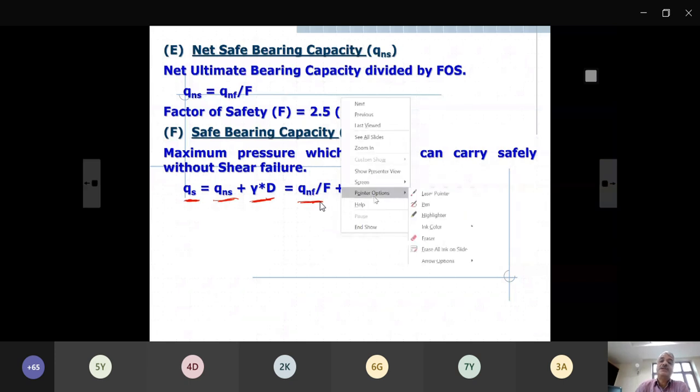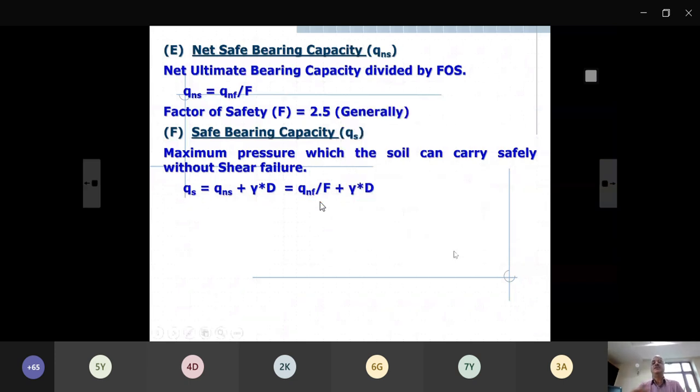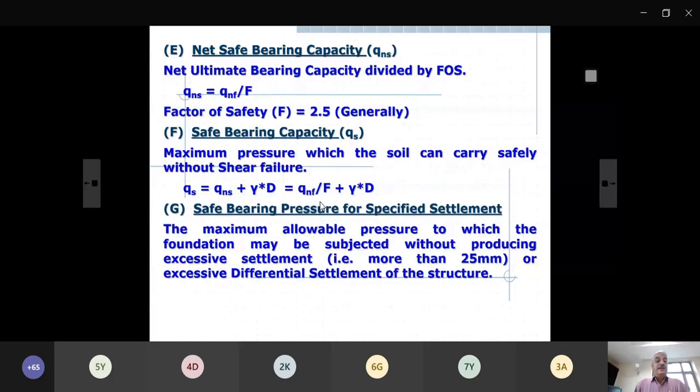Various jugglery, please be very careful what terminology we are using and what is what. So net safe and safe. There is another which is known as safe bearing pressure from settlement point of view. All this whatever we have seen above up to F so far were from shear failure or bearing capacity point of view.